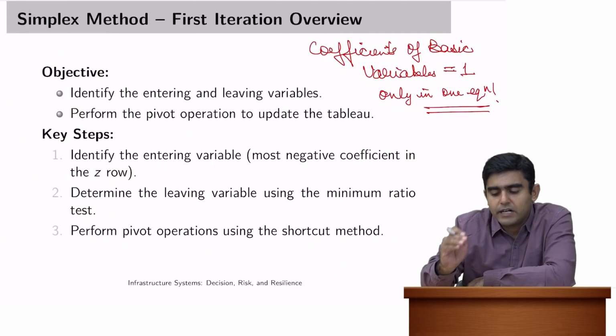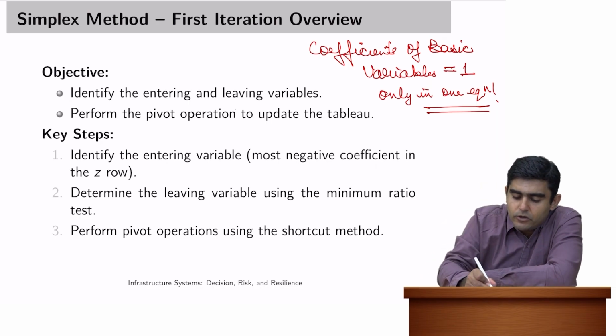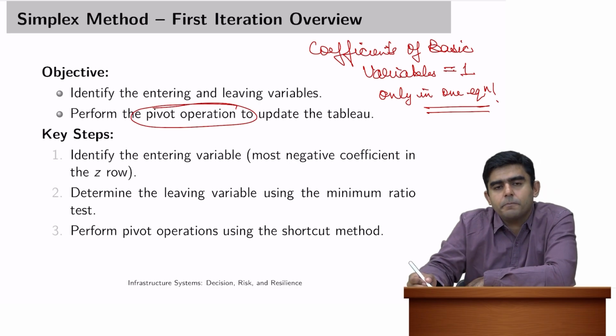And to ensure that we always end up in this form, where a basic variable has coefficient 1 only once in one equation, is achieved by the operation we call the pivoting operation.